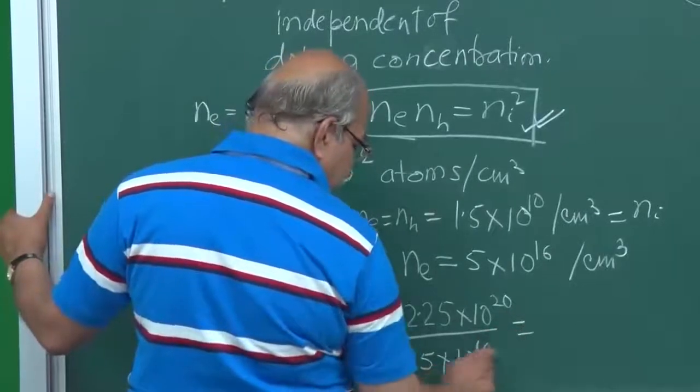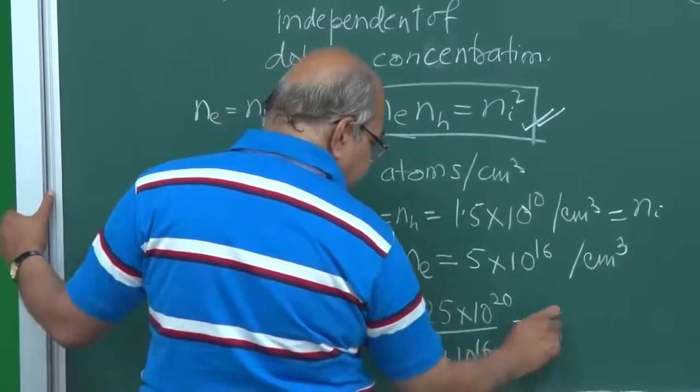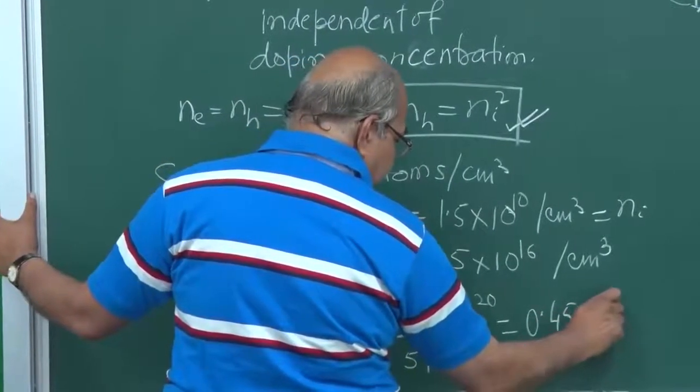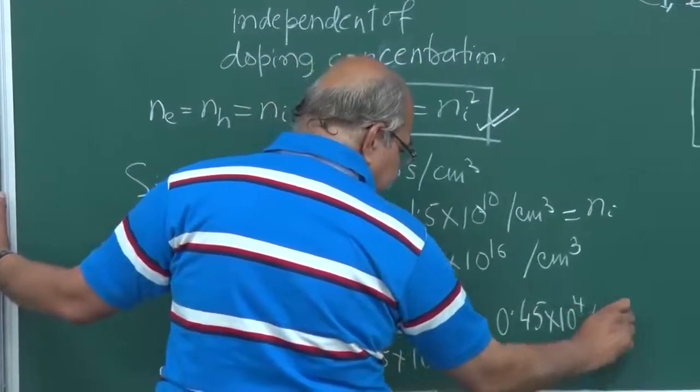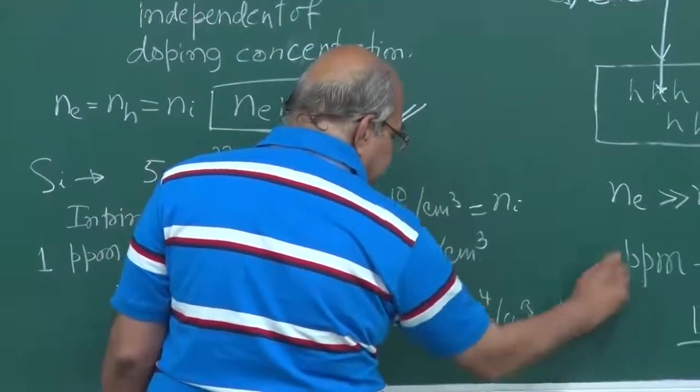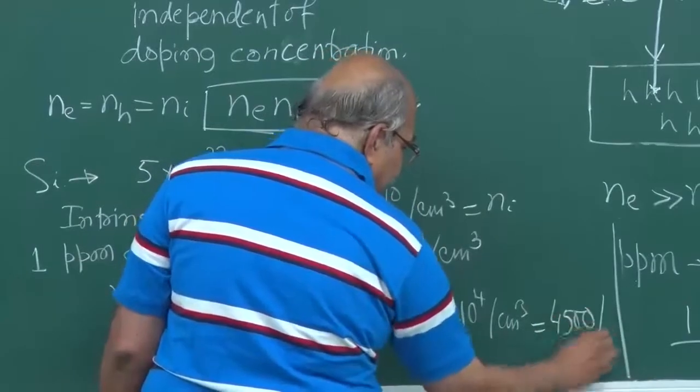This is now 0.45 into 10 to the power 4 per centimeter cube, which is just 4,500 per centimeter cube.